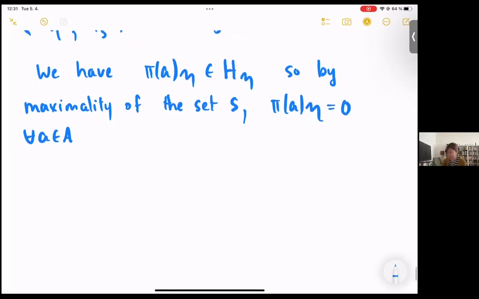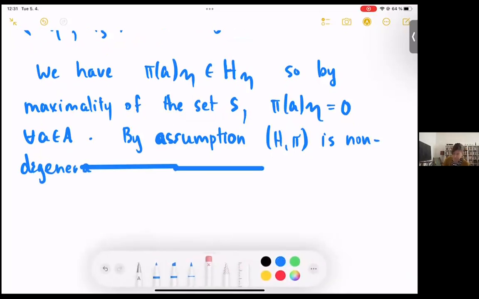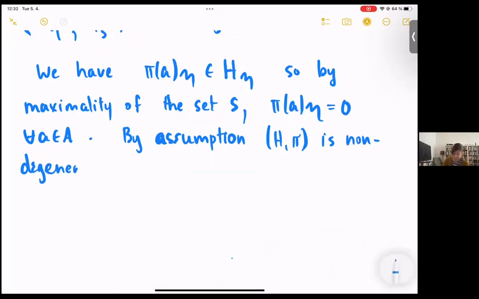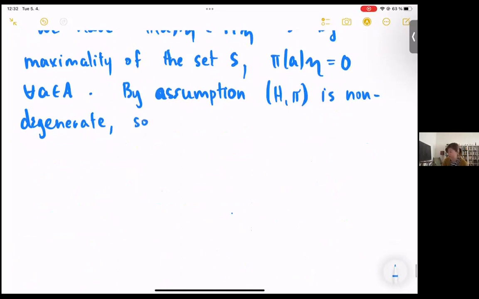By assumption, pi is non-degenerate. So that means that we must have that pi(a) eta is 0.